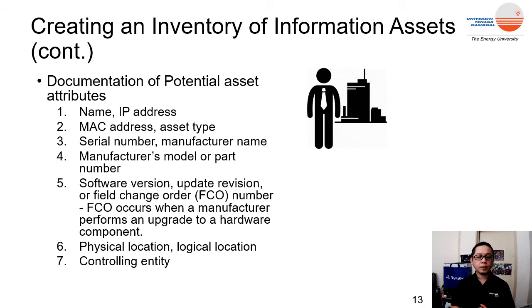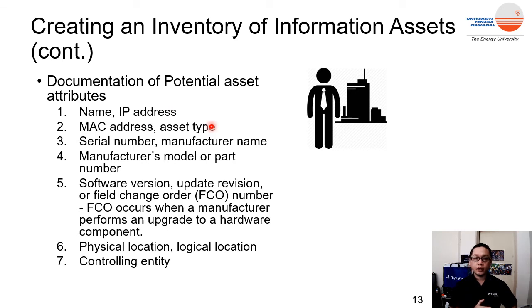So, an example: how do you do the inventory of assets? You can have proper documentation which has this information. You can have the name of the asset, right? And the IP address of the asset, where it is located? And then perhaps you can include the MAC address or the asset type.